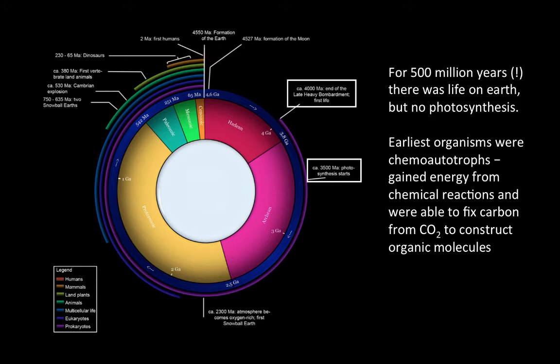So the earliest organisms were what we call chemoautotrophs. That means that they gained energy from chemical reactions using inorganic chemicals and were able to fix carbon from carbon dioxide to construct organic molecules using that energy.